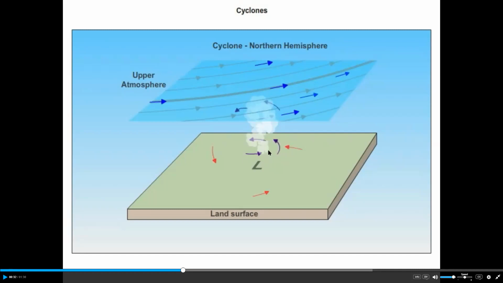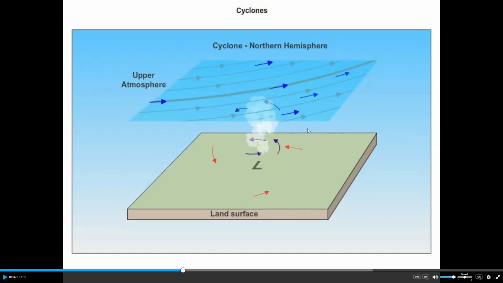Sometimes it's not even the surface convergence itself that creates and sustains the low. It's the divergence that's happening up here in the upper atmosphere. Spreading out, or divergence aloft, initiates upflow. So it allows the flow to continue coming in.